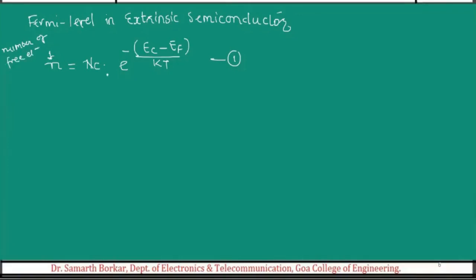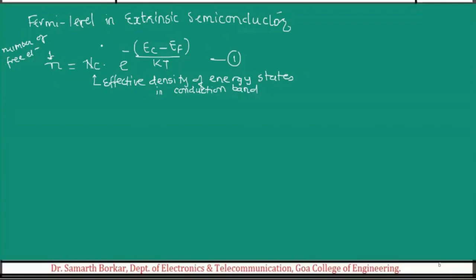Okay. Now, what is Nc? It is the effective density of energy states. Now, since we are talking about the electrons, it is the effective density of energy states in conduction band.